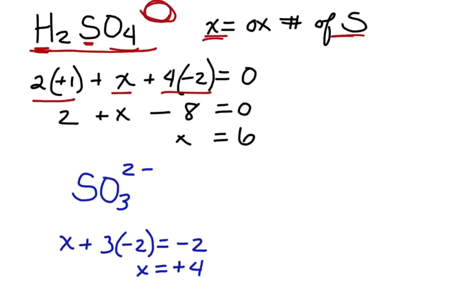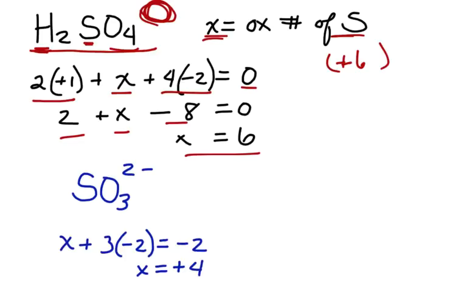Since there is no charge on H2SO4, it's all going to add up to 0. So 2 plus X plus -8 equals 0, and you find out that X equals 6. So the oxidation number of sulfur in H2SO4 is +6.